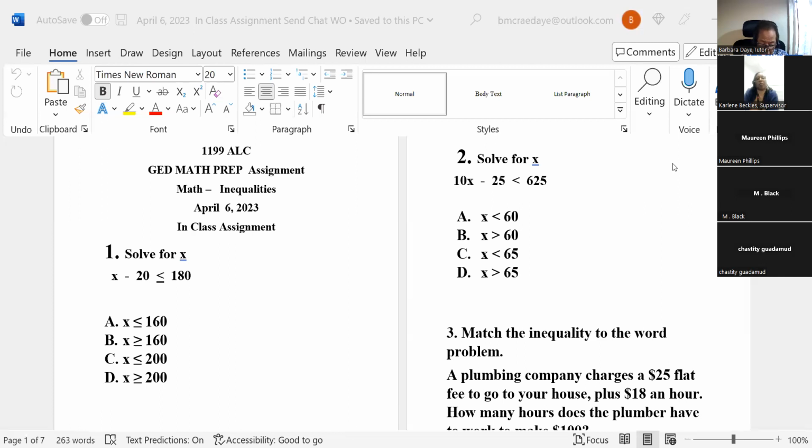Okay, why am I getting this? Negative 20.